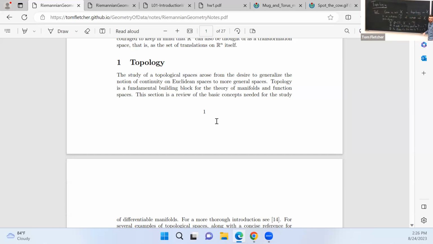I can't take any arbitrary sets out of T and take their intersection, but I can take some finite number of subsets that are in T. I take their intersection and I get another subset that has to be in T. So these are the three rules for a topology to be defined on a set X.